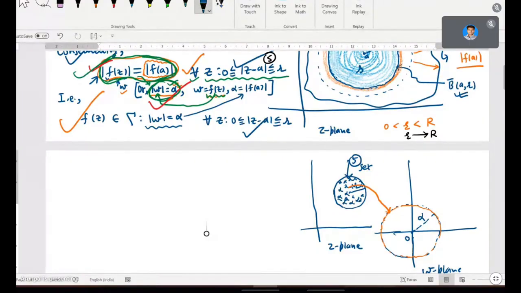Now class, take a note. This r was arbitrary, smaller than capital R. So class, now I am performing this limiting process. I am going to write this limiting process in the form of the following sentence.